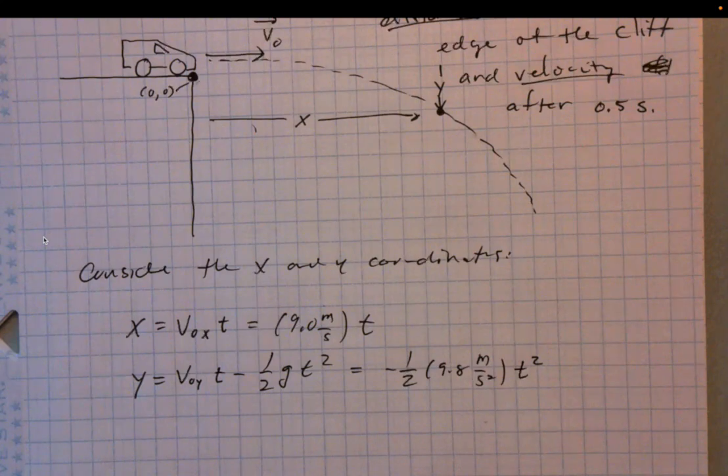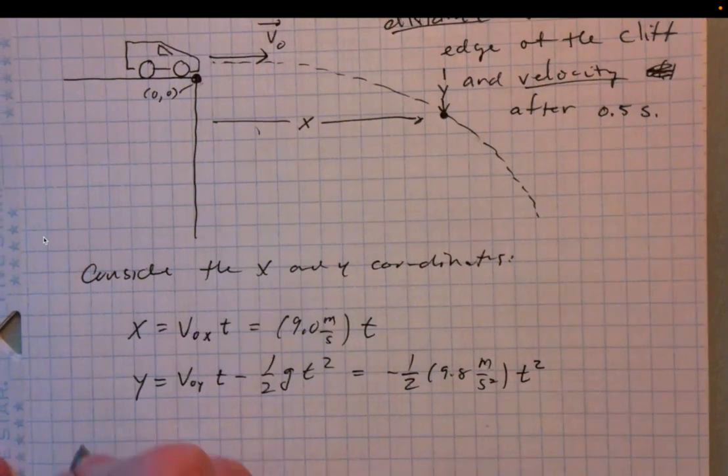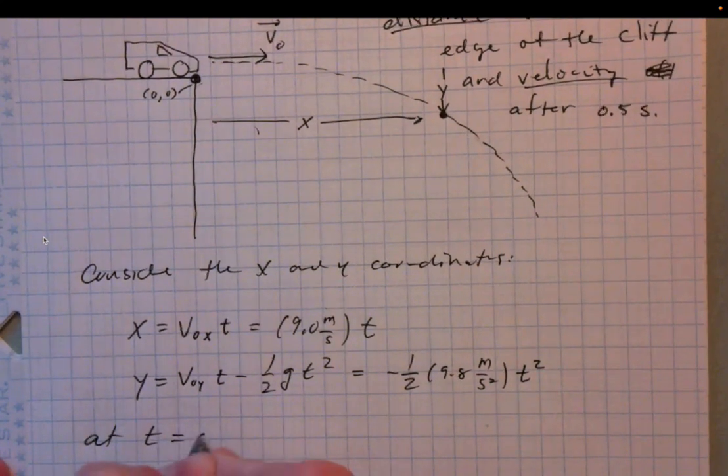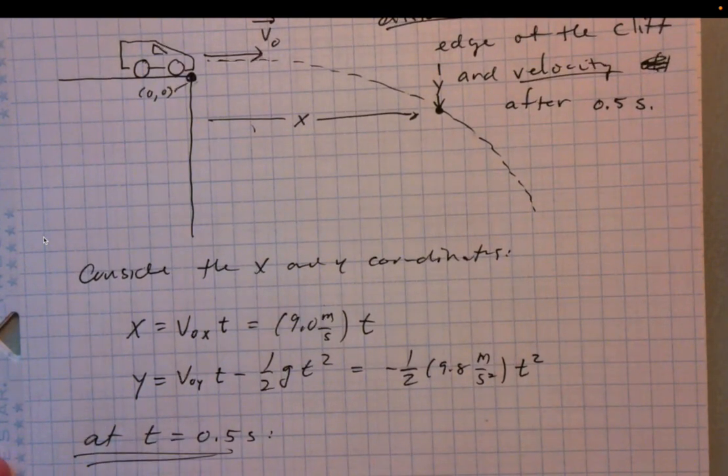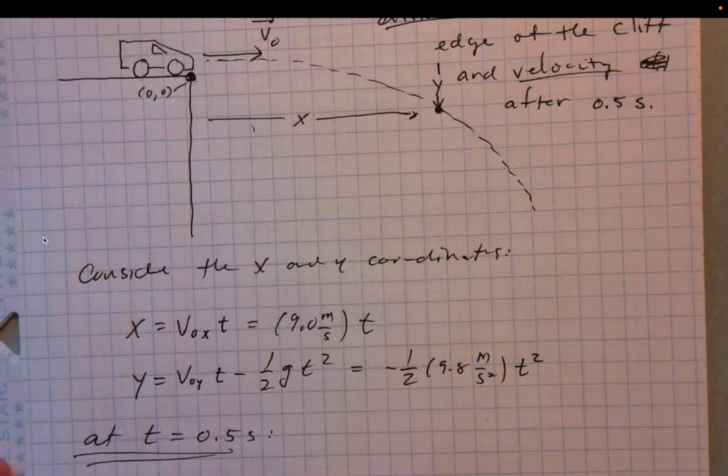Okay, and so from these two expressions, we can calculate the position, right? So we can find the position of the car at half a second into its launch. So at t equals 0.5 seconds, then x is equal to 9.0 meters per second times 0.5 seconds.